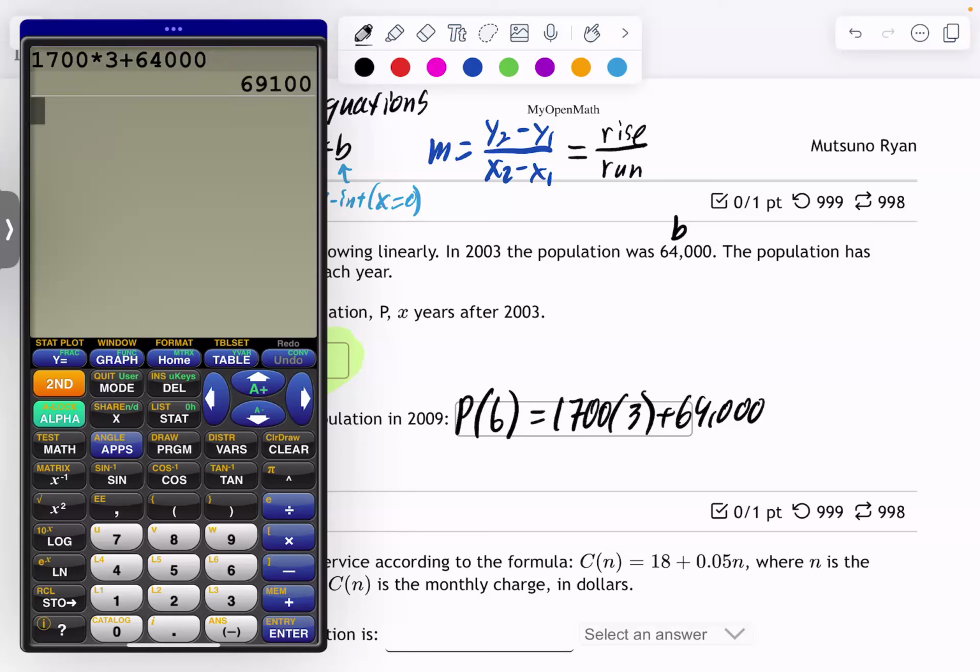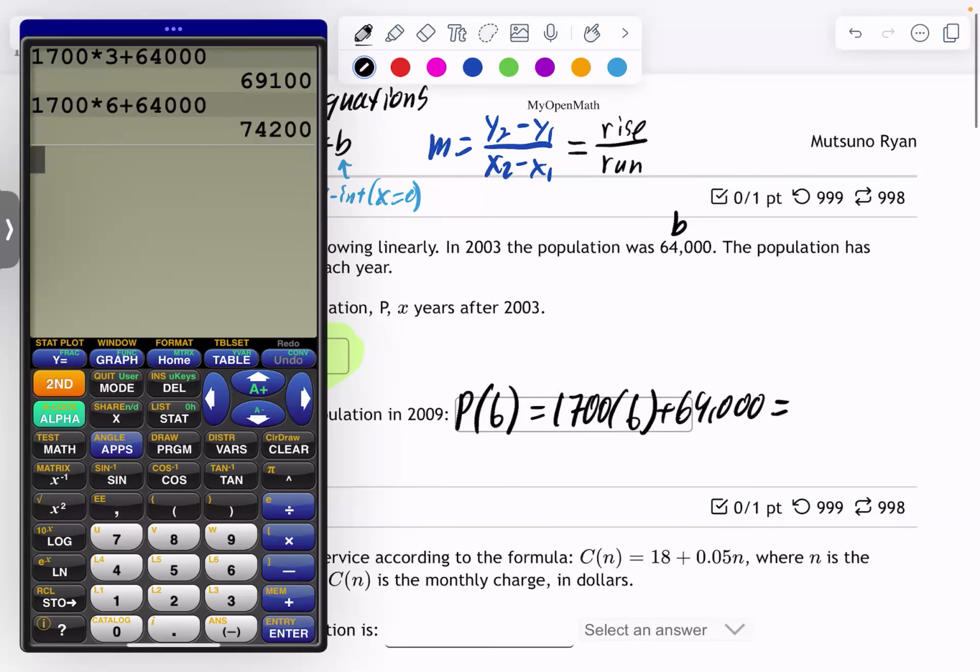Looks like we have about, that's 6 years, not 3 years. What are you doing? Let's fix that. 6 years. There we go. So this is going to be 74,200. That's a 4. And this is people.